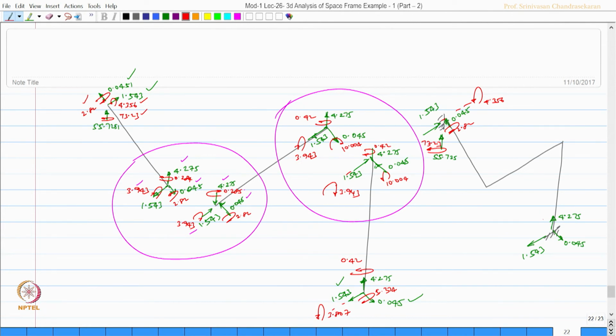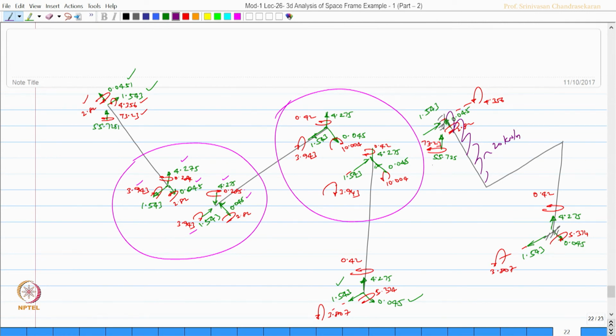Similarly, as far as this is concerned, 0.42, 5.374 and 3.807. The total load applied is actually 20 kilonewton per meter run for 3 meter, 60.